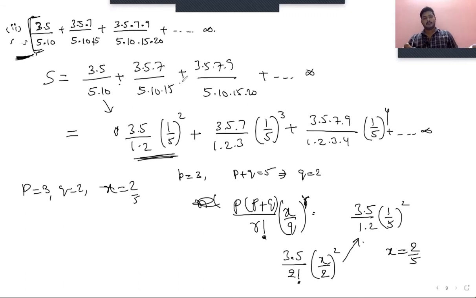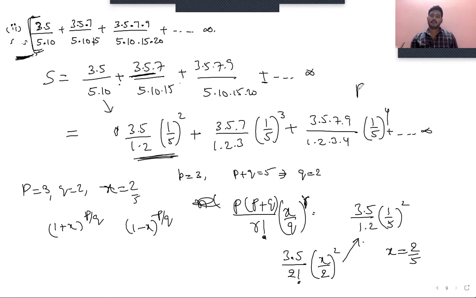Now if you observe this, all the terms are positive, right? So there are only two chances for this. It should either be 1 plus x whole power p by q format, or 1 minus x whole power minus p by q format. Out of these two, we can conclude further when we observe these coefficients, right?